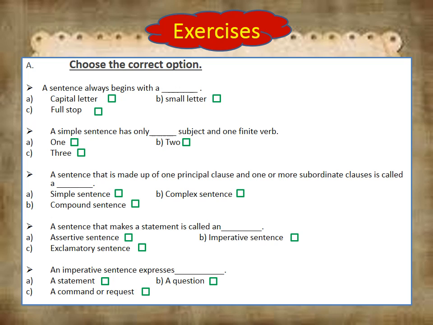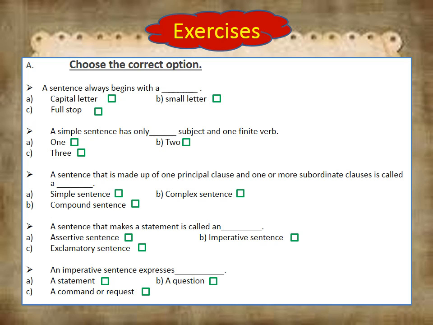The second sentence that you have to complete is: a simple sentence has only 1 or 2 or 3 subject and 1 finite verb. Next sentence: a sentence that is made up of 1 principal clause and 1 or more subordinate clauses is called a simple sentence, complex sentence or compound sentence.